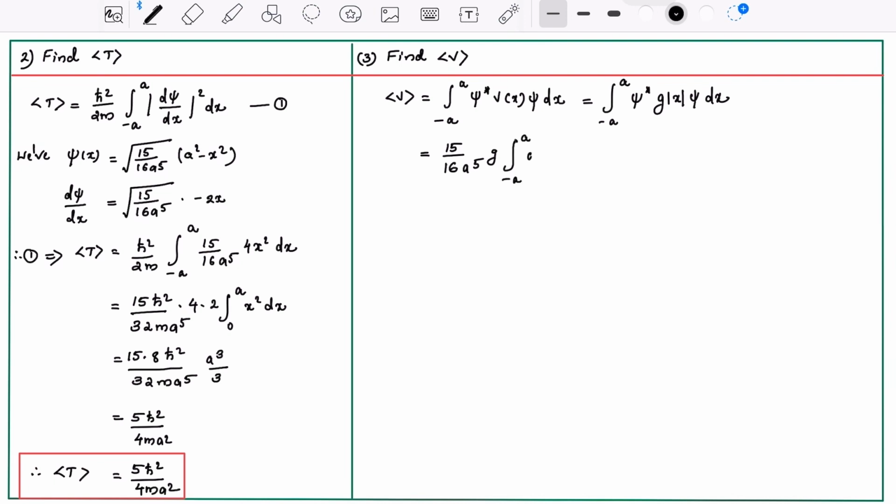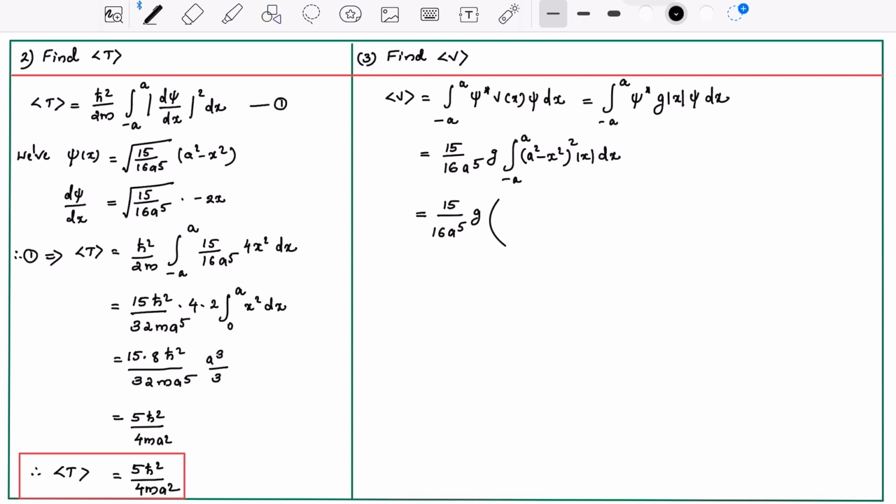We have expectation value of V equal to 15 by 16 a raised to 5 g integral from minus a to a of (a² minus x²)² mod x dx. Since within the integral we have the function mod x, let us separate the integral as 15 by 16 a raised to 5 g.